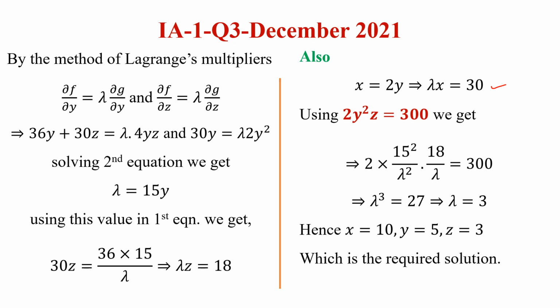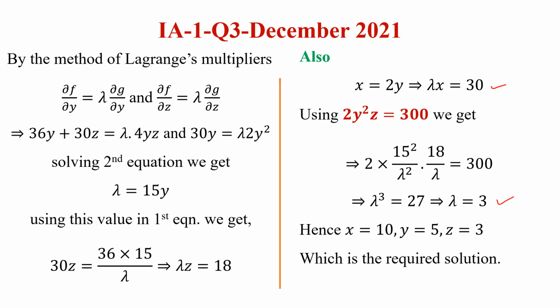Now the volume given is 2y square z equal to 300. By putting y and z in the form of lambda, we get lambda cube is equal to 27, and the positive value of lambda is 3 because a dimension cannot be negative.